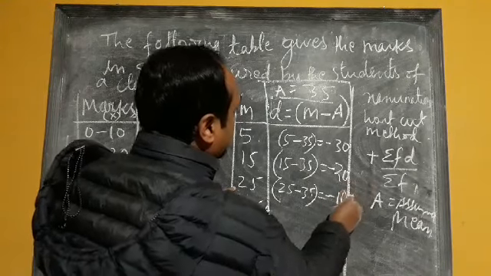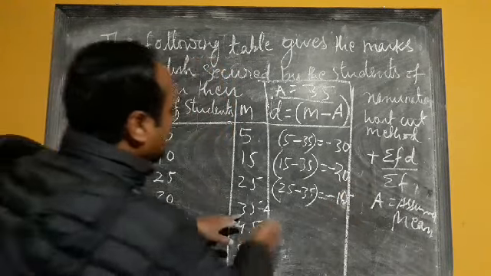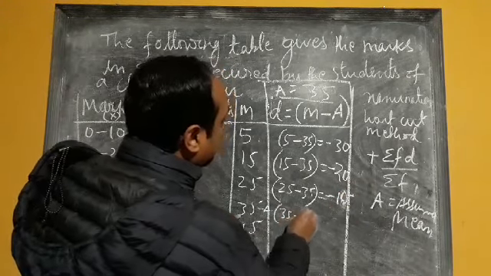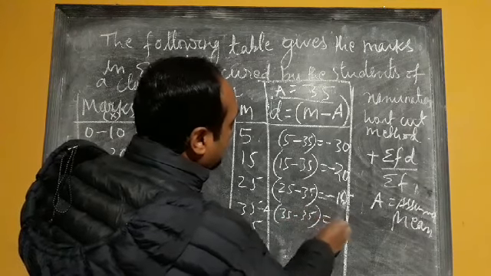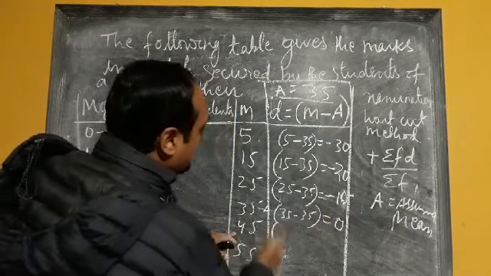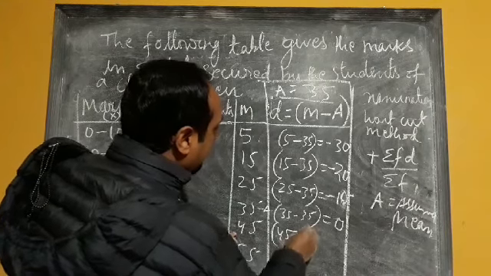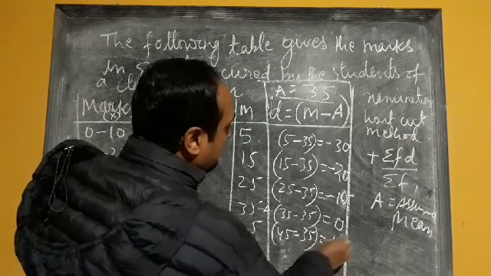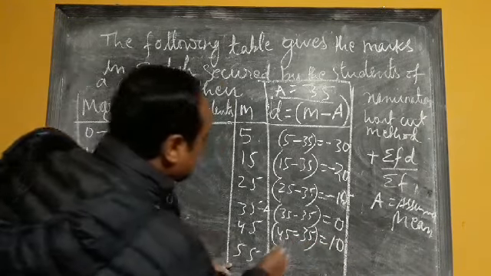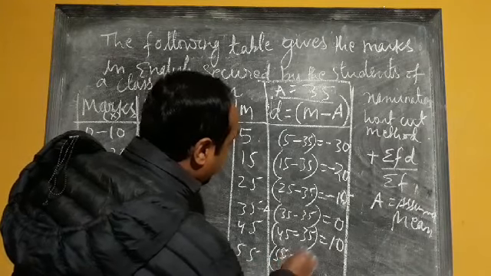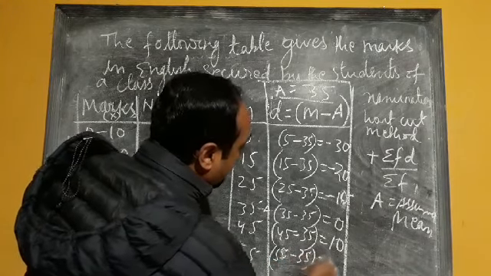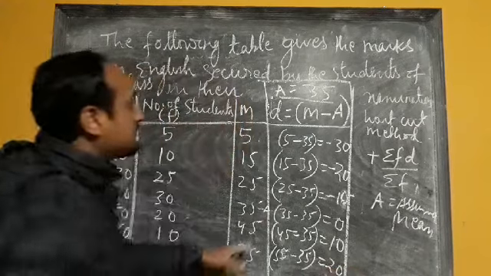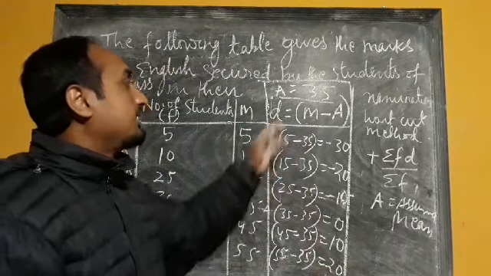Next 35 minus 35 gives 0. Next 45 minus 35 we get 10. Next 55 minus 35 we get 20. So this is the way to calculate d.